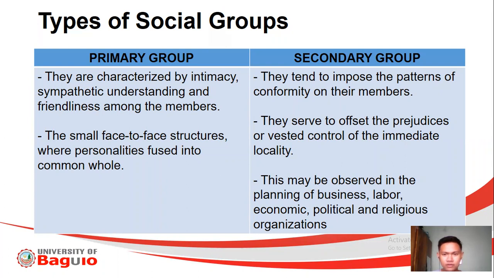Of course, when you say intimacy, it pertains to the affection of each member of this group. So they always love each other. Hindi lang sa love each other, but they care for each other. So some examples of primary group are the family and relatives. For example, kunwari nagkasakit ka, you have your own sickness, and you need hospital assistance, di ba?